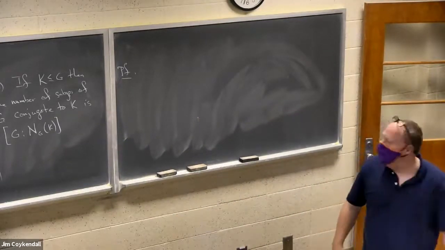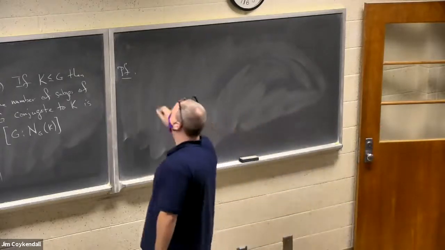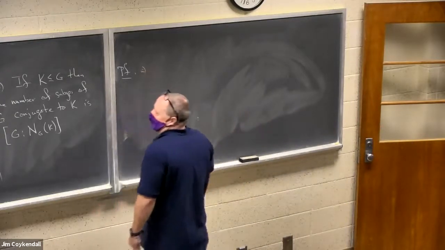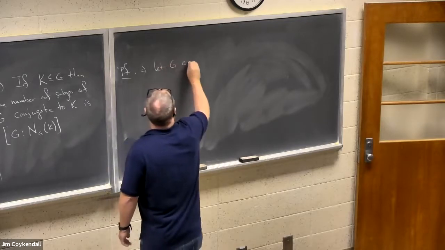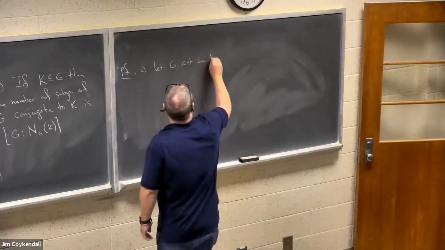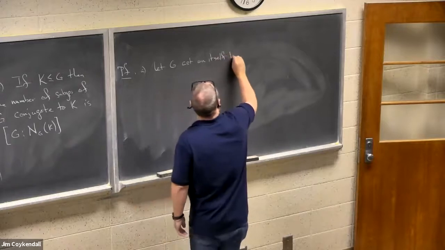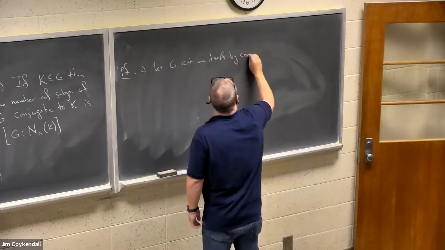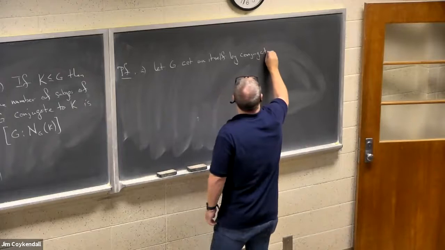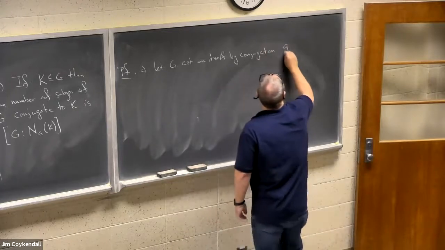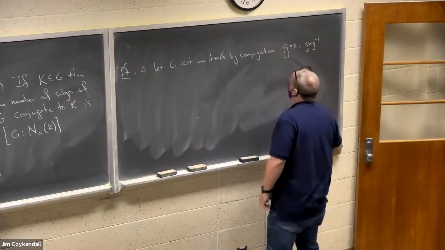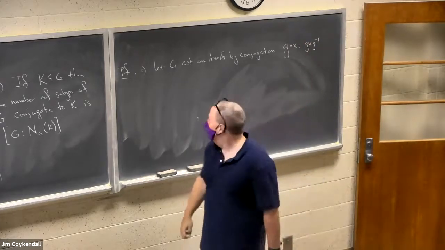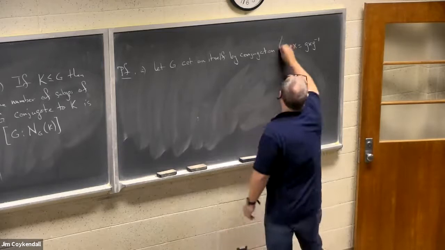Okay, part A should be pretty easy actually. So let G act on itself by conjugation. So G acts on G, and we've seen that this is a bona fide action.